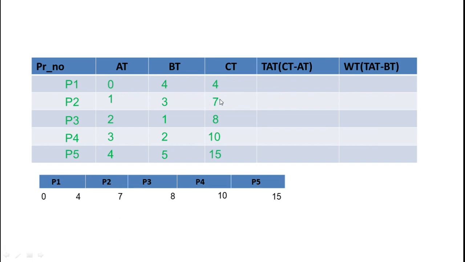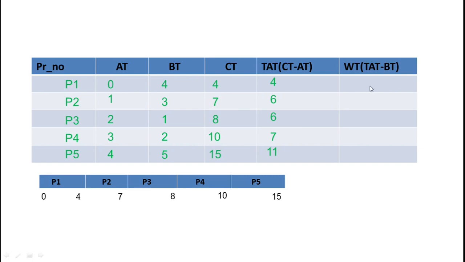For P2, completion time 7 minus arrival time 1, so it will become 6 millisecond. For process P3, completion time is 8 minus arrival time 2, so it will become 6 millisecond, and same so on for process P4 and P5. So let's write the turnaround time.